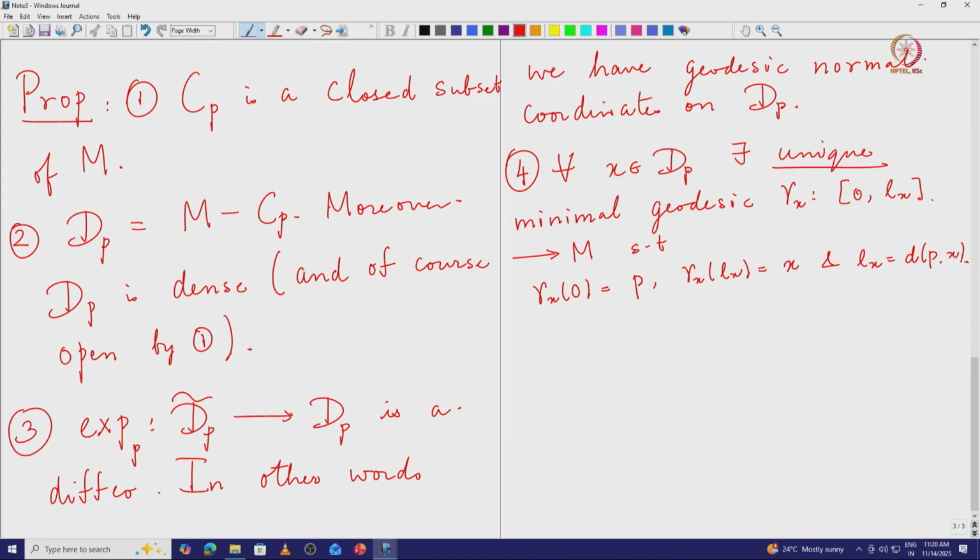So in other words, this is a unit speed minimal geodesic.